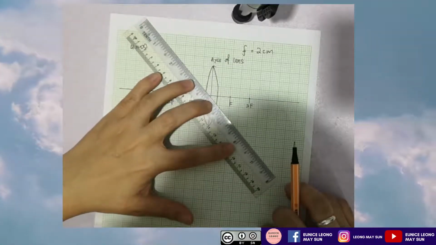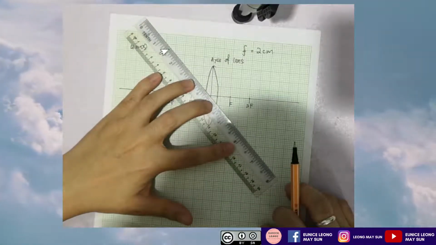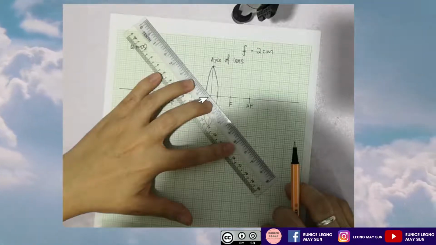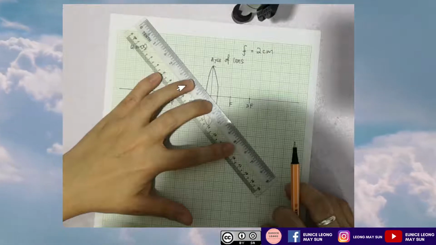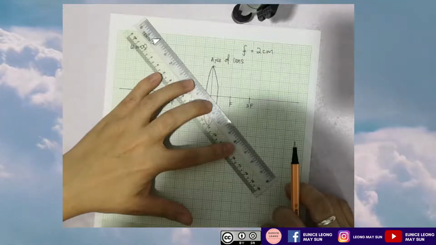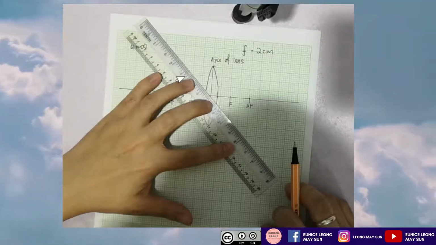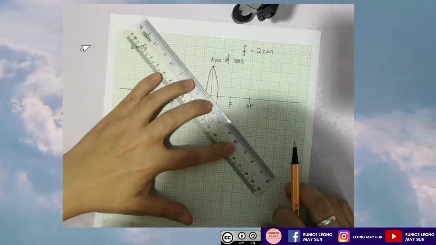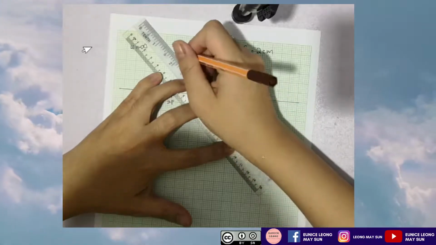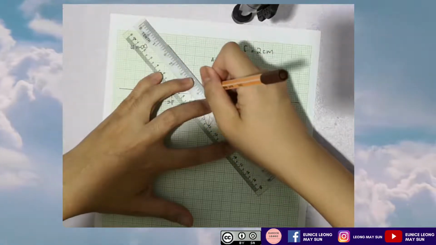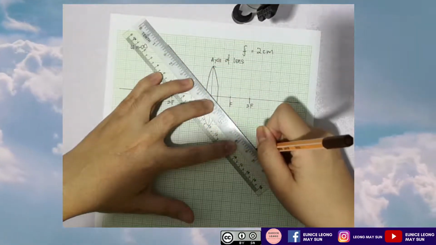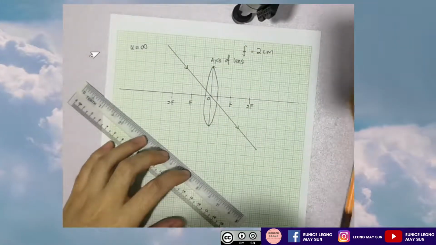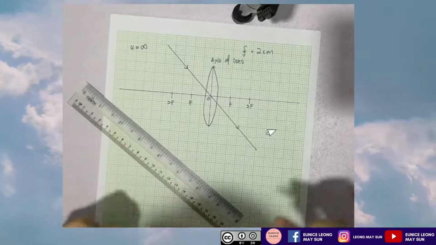My first line would be passing through the optical center. I draw one straight line directly passing through the center of the lens. Once I've drawn the line, draw the arrow before and after the lens. It's very important, then only you can get the 1 mark here.